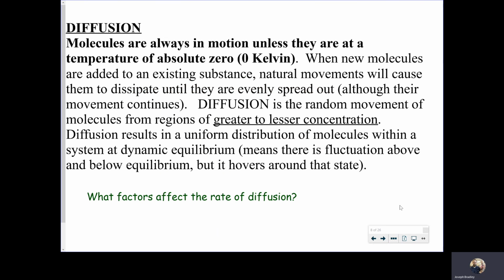So let's talk about the actual mechanisms, the actual way in which things move. So diffusion is natural movement. The one thing that's always kind of confusing for students is what is actually causing the movement of materials. And even at a solid state in a solid material, there is going to be some movement at the molecular level. So natural molecular movements, and think about the reason why molecules will move naturally.